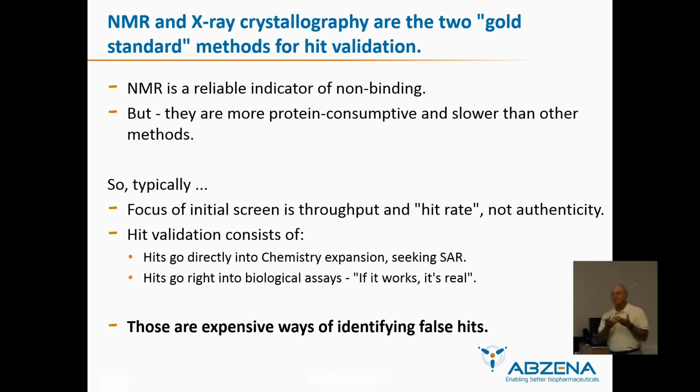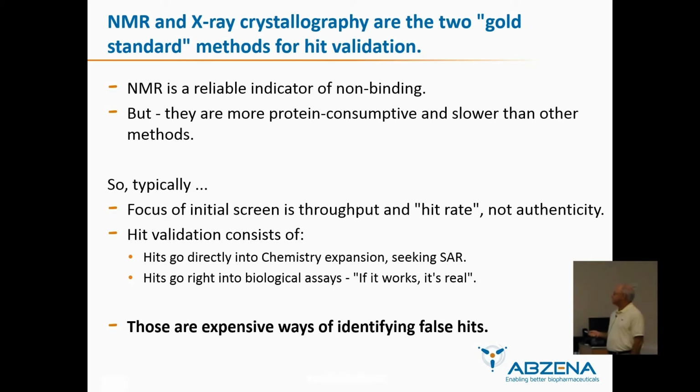They're both floating around in there. And if there's no interaction, then you have a pretty reliable indicator of non-binding. So NMR is one of the few techniques where you can get a reliable readout of non-binding. I mean, with crystallography, if you don't get a crystal structure, that can be due to just problems with crystallization. So NMR is a good way to really definitively say this is a false hit.